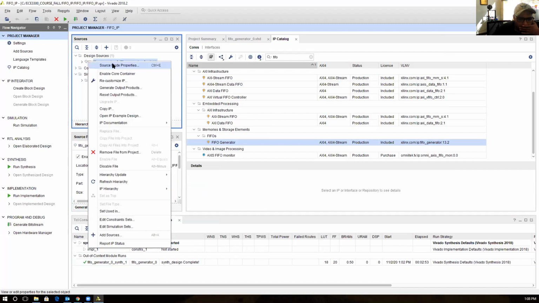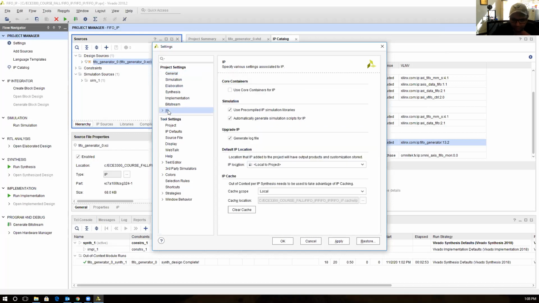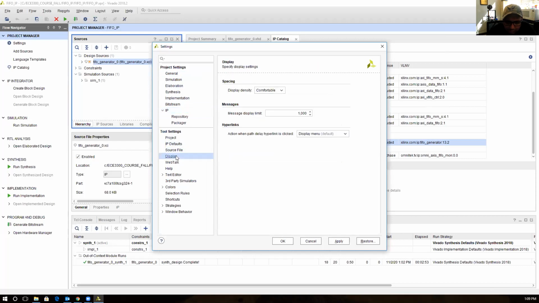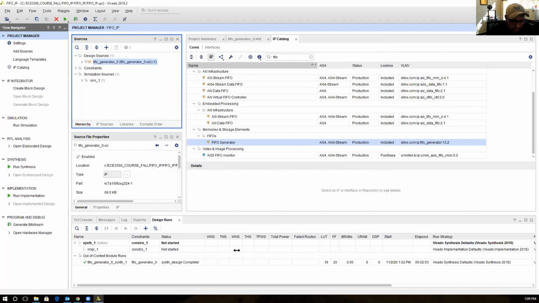So, interesting. Oh, here an IP should also be Verilog. Let me see, 1 second.